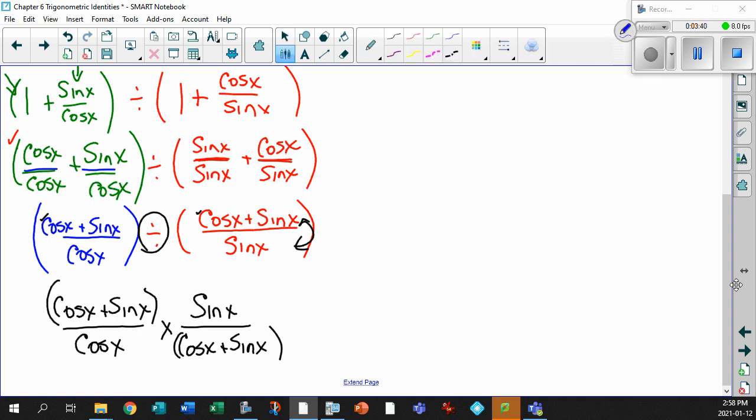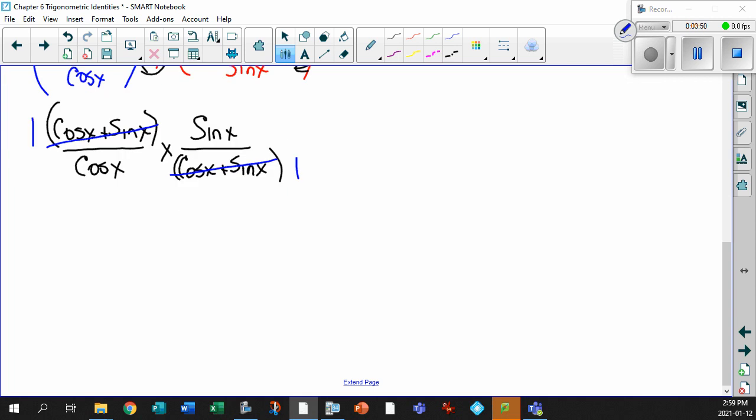Those two are the same, and one's on the numerator and one's on the denominator. So guess what? They both cancel to leave you ones. 1 times sine x is sine x. Cos times 1 is cos x. So I'm left with sine x over cos x. That's as simple as I can go. Now, if you want, you can take this one more step and tell me that that's just tan x. That's totally up to you, okay? But I like to leave it at this point here.